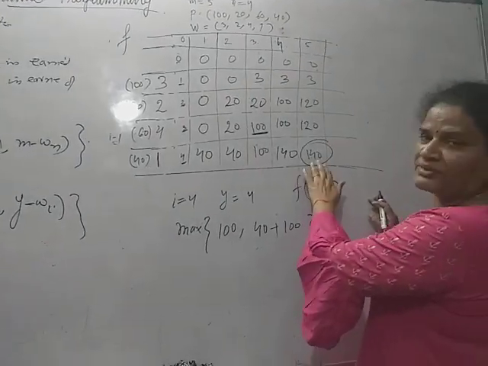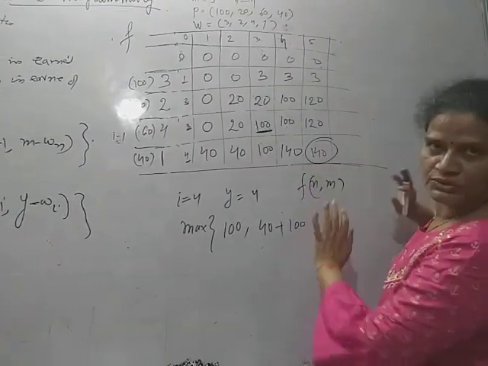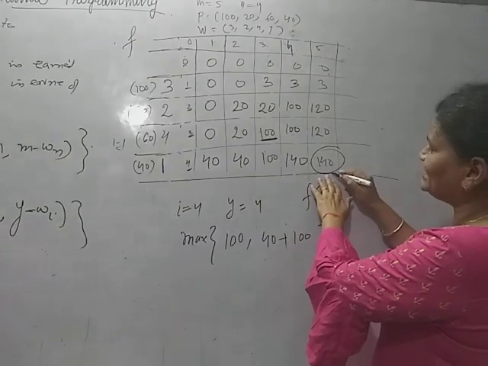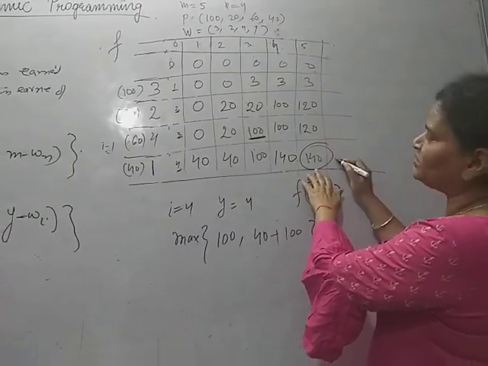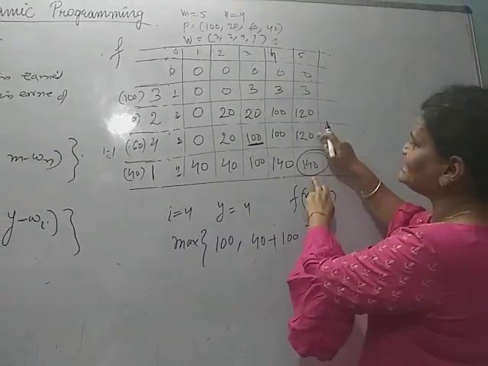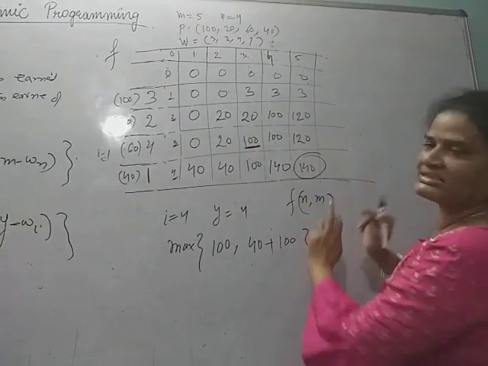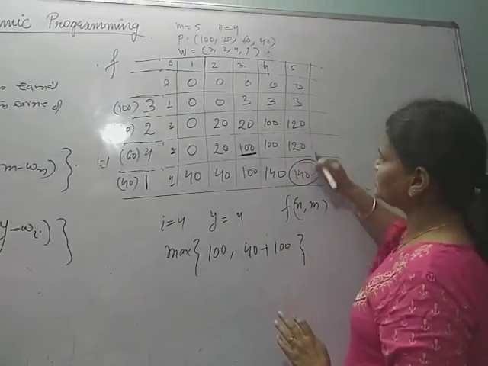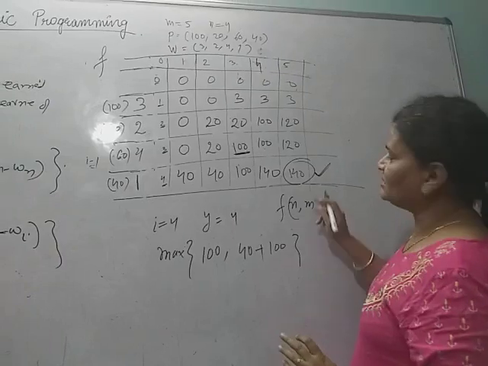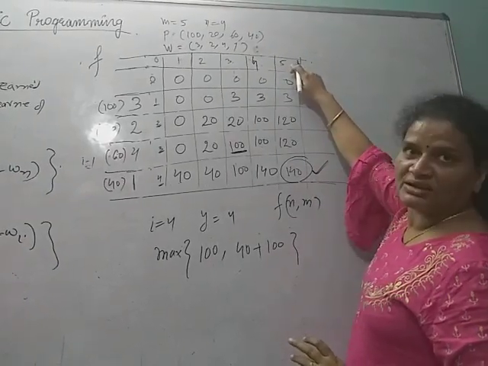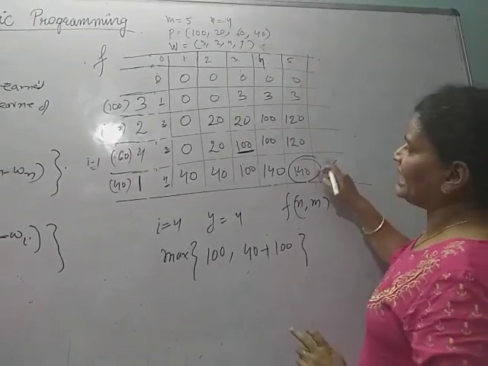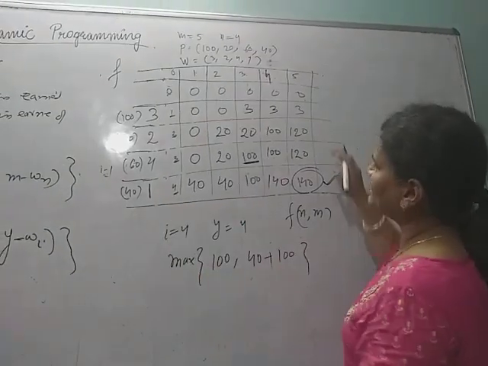Simply you start from the bottom and move to the top. If suppose this entry is the same as the previous entry, then this will not be considered. If this entry is different from the previous entry, then this is to be considered. So here this is not same, so it is considered. Now here this capacity is 5, and here 5 minus 1 is 4.